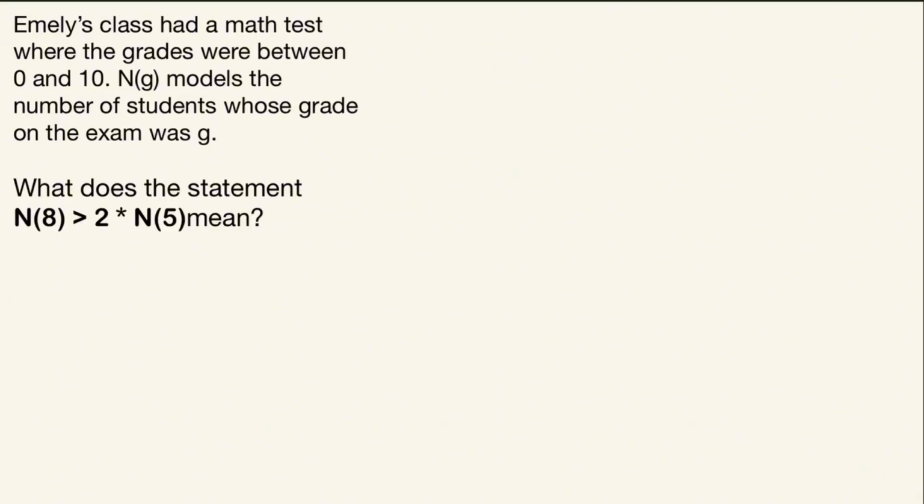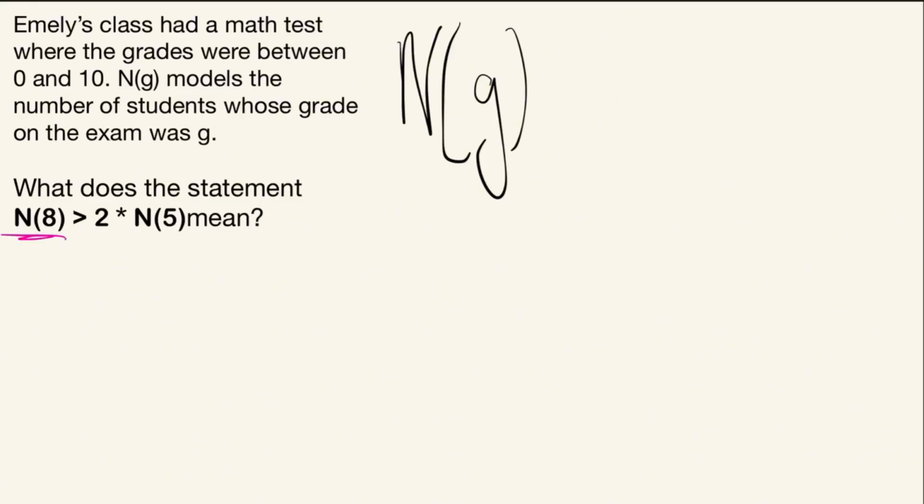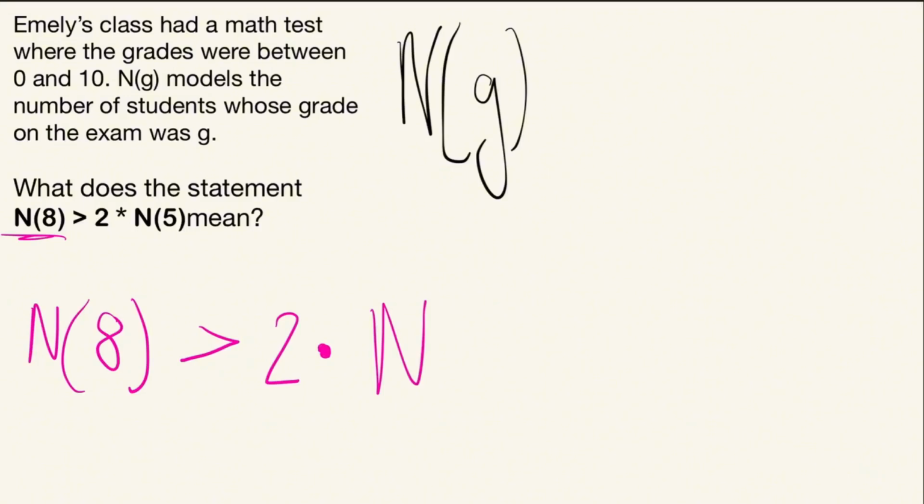So you can say that N(G) is the model that tells us that the number of students who scored 8 on their quiz is more than 2 times the number of kids who scored a 5.